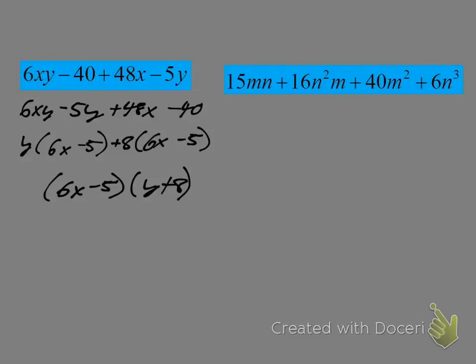Now, that being said, on the last one, I see a pattern that I want you guys to start recognizing. I have n cubed, n squared, n, and no n's. Everybody see that? You got 6n cubed, 16n squared, 15mn, no n's.